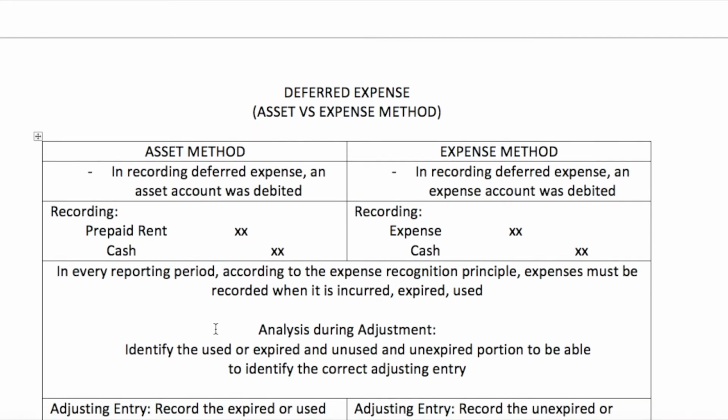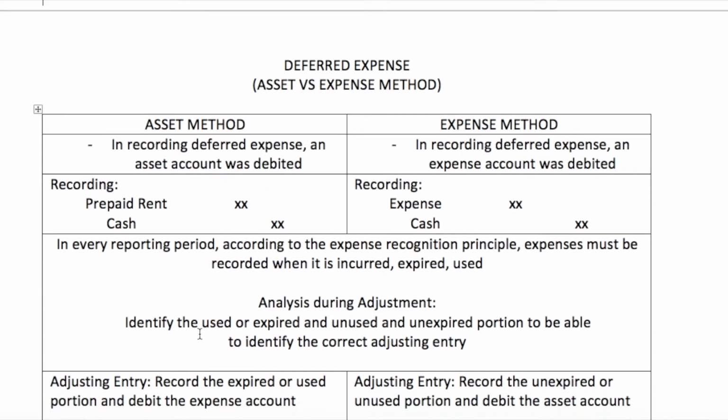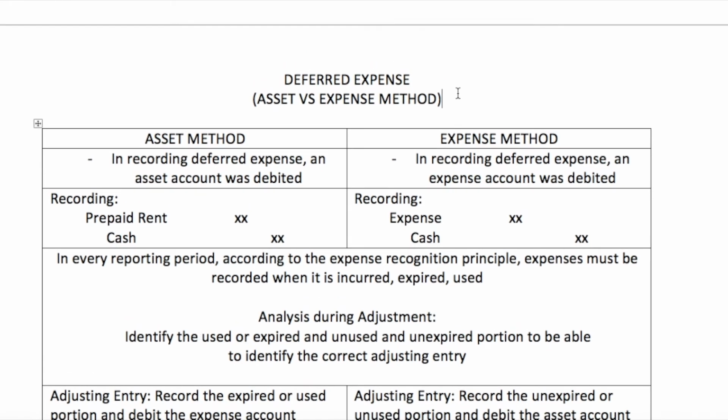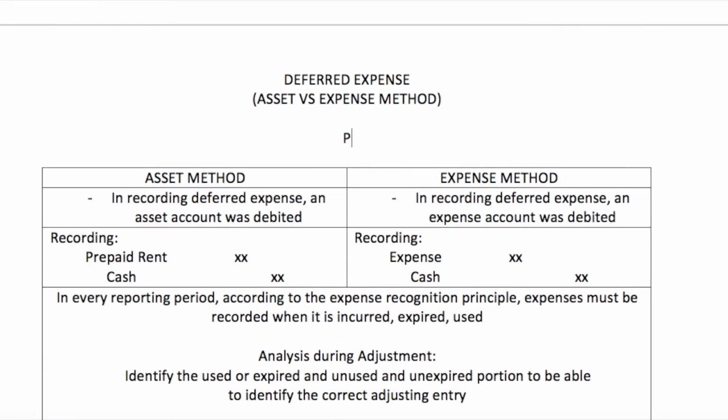Diba, when we say we paid 6 months rent for, let's say, 60,000, we record that as prepaid rent, and that is the asset method. So let's have an example, the same with revenue. Let's say paid 60,000, the very legendary 60,000 for 6 months rent. This is usual, because it's easy to divide.